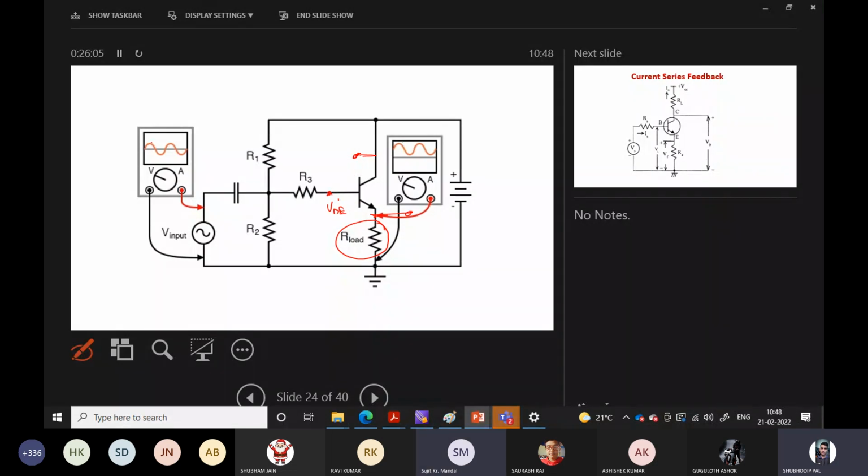In this type of feedback, the output voltage V0 is taken from here and connected in series with the input, because it decreases the input voltage. That's why it is a voltage series feedback. Okay.